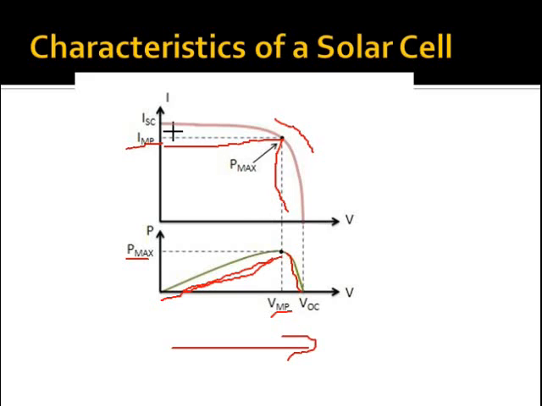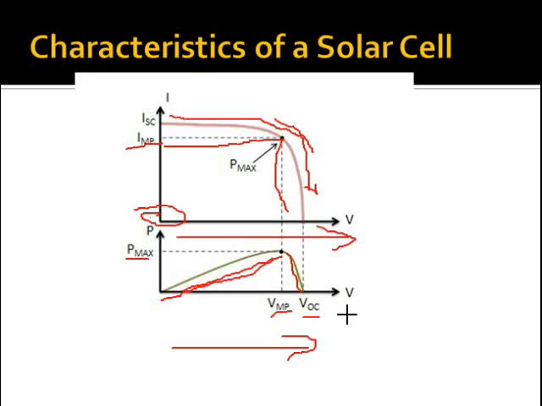And coming to current characteristics, at the initial stage the circuit will have some current, and with increase in voltage, that current will remain the same up to some point, and after that it immediately comes down, and it reaches VOC at some point.